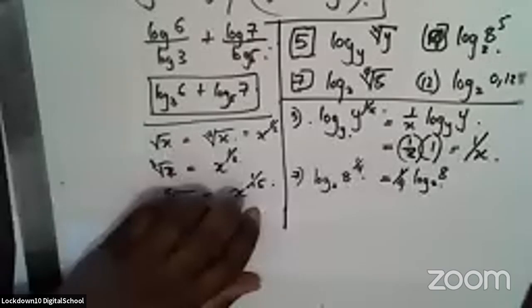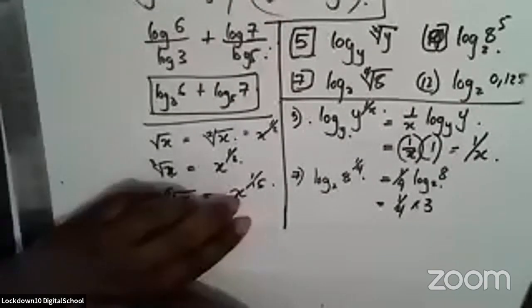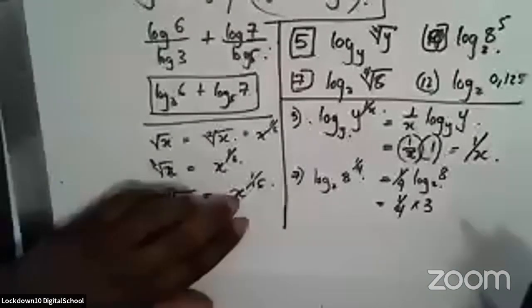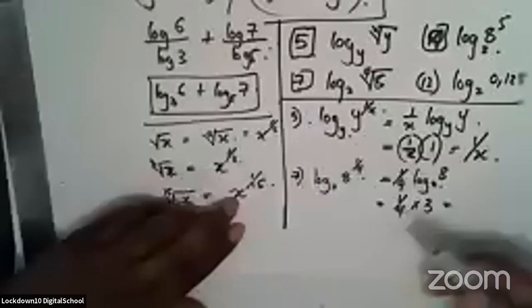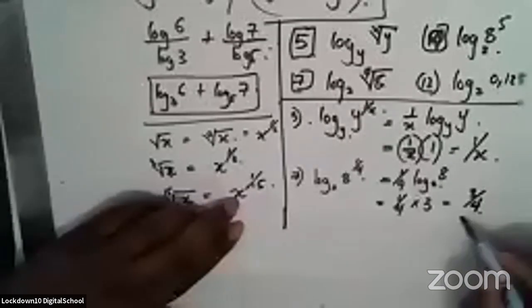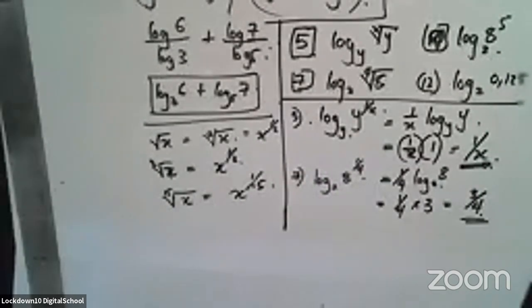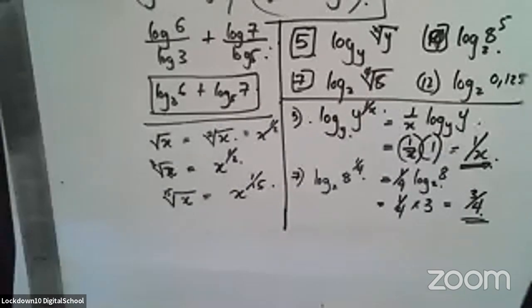So this is 1 over 4 times 3, which is 3 over 4. Final answer. So you can see, if you memorize and know all of your logarithm laws, it will be very easy.